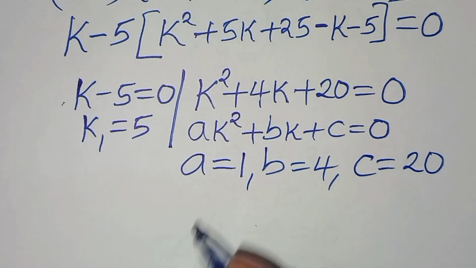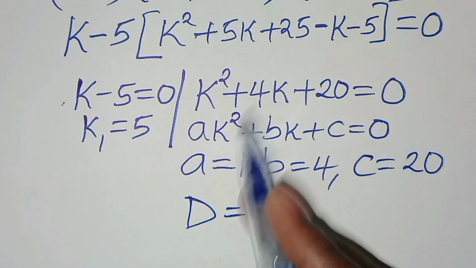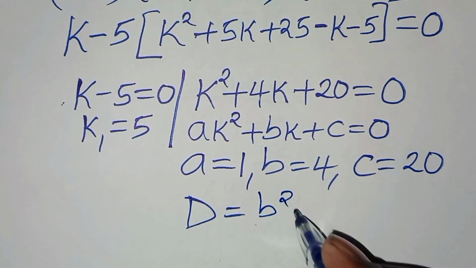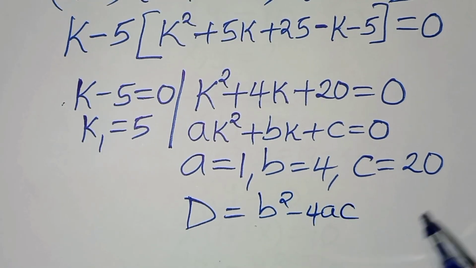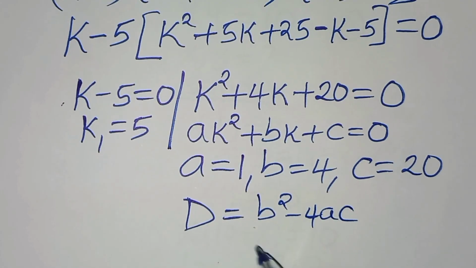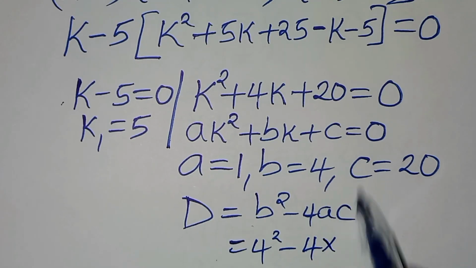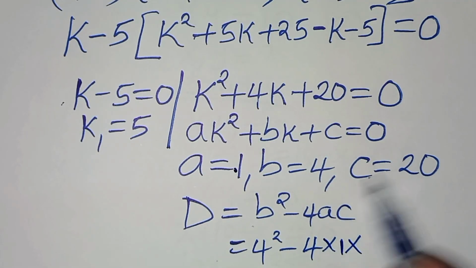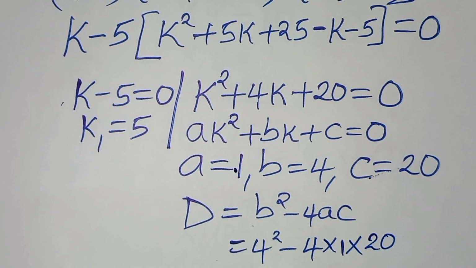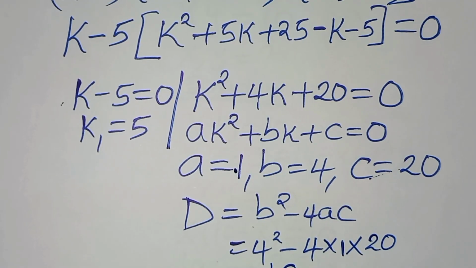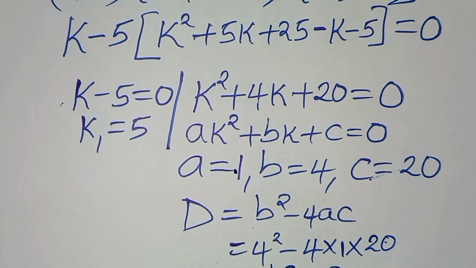So let's assess the discriminant value of this quadratic equation so that we can check the nature of the roots. So let's substitute: b squared, this is 4 squared, minus 4 times a, which is 1, times c, which is 20. So 4 squared is 16, minus 20 times 4, which is 80.